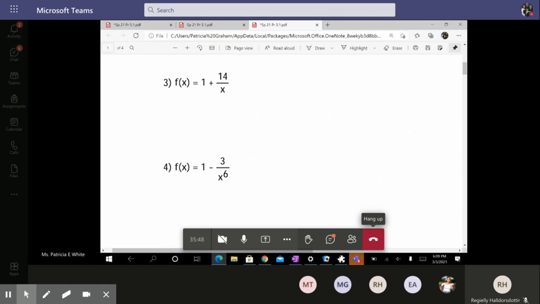Why would number 3 not be a polynomial? How else would I write that without that x in the bottom? Exactly. If I were to rewrite this, that would be 1 plus 14 times x to the negative 1, right?